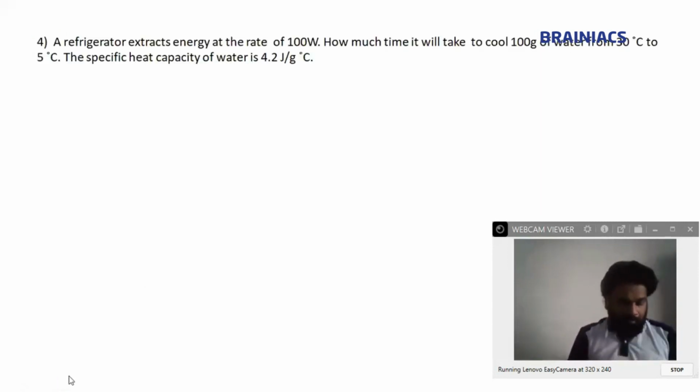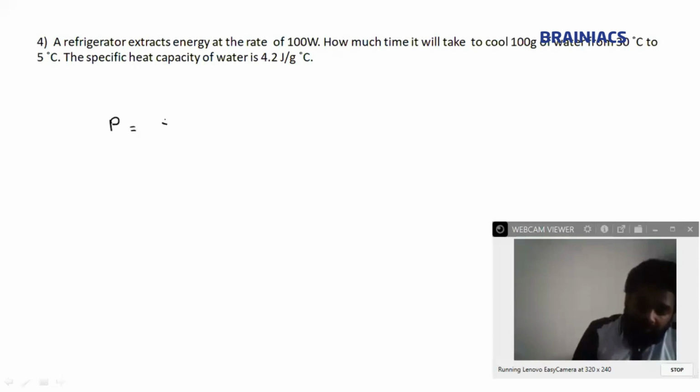Next problem. A refrigerator extracts energy at the rate of 100 watt. How much time will it take to cool 100 gram of water from 30 to 5 degrees Celsius? Specific heat capacity of water is also given.